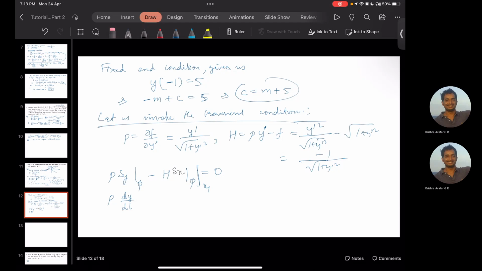or dy by d xi, and minus, let's first parameterize.